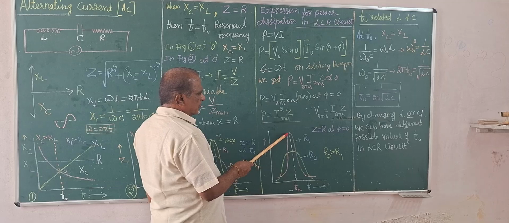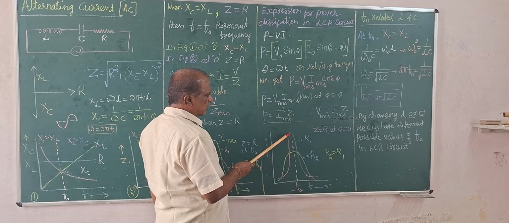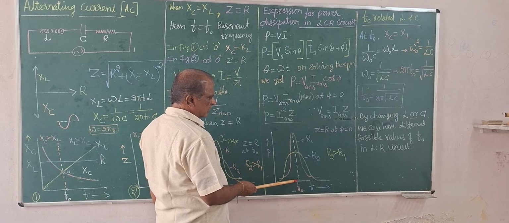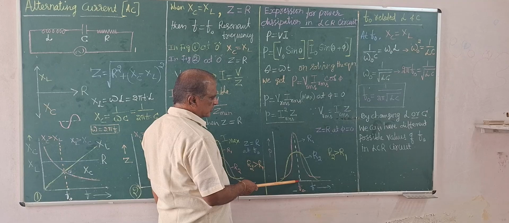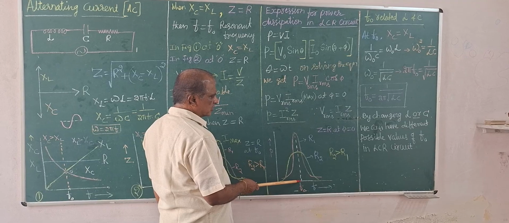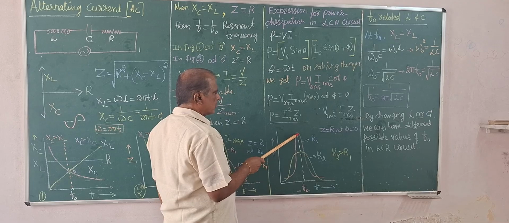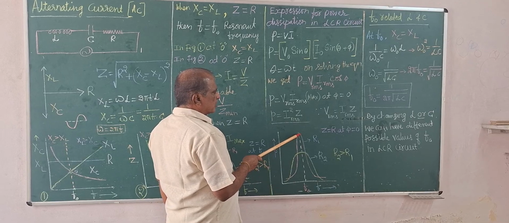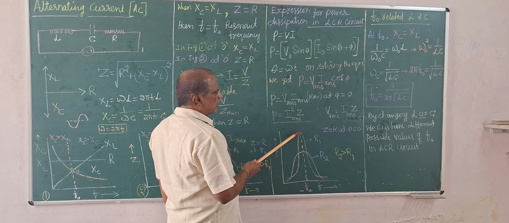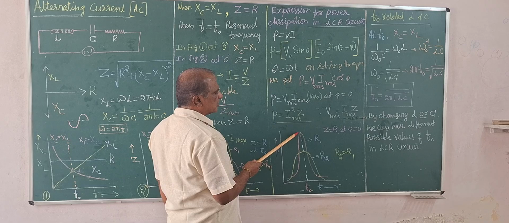Here the maximum point is the state of resonance. The condition is the resonance condition for LCR maximum. Here the point is called the point of maximum power dissipation.